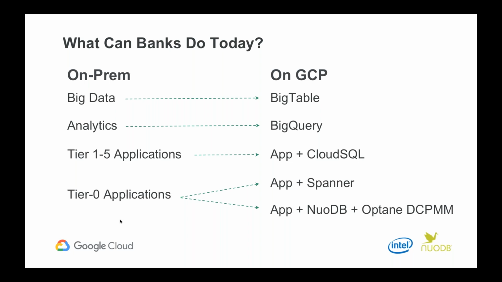If you have big data infrastructure like Hadoop on-prem, you generally move it to a technology called Bigtable in Google Cloud. If you have analytics, there is a facility called BigQuery, which allows you to process billions of records in real time.